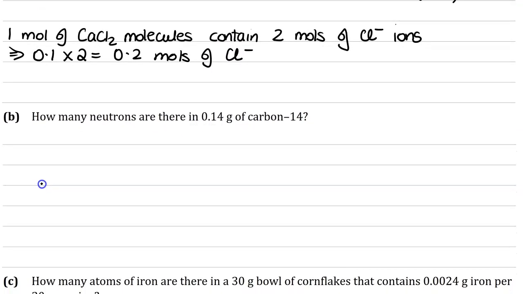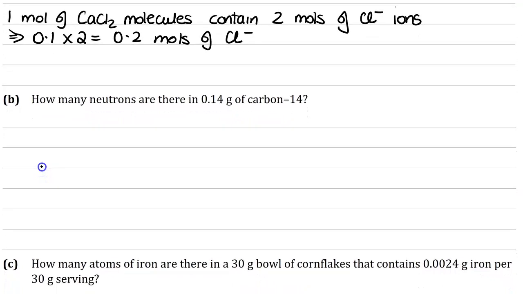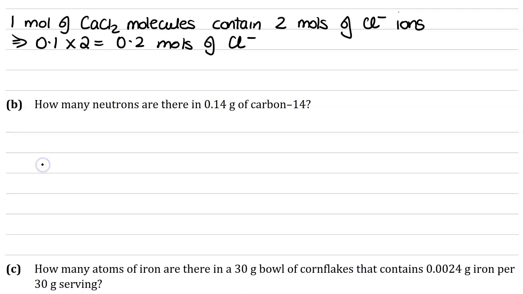Okay, now the next one. How many neutrons are there in 0.14 grams of carbon-14? So first of all, we have to figure out the number of atoms that we have. Okay, so that's the first thing we need to do. Now they tell us that carbon-14, so that means it has a mass of 14 grams for 1 mole.